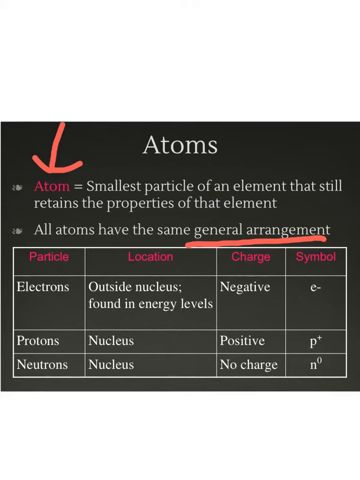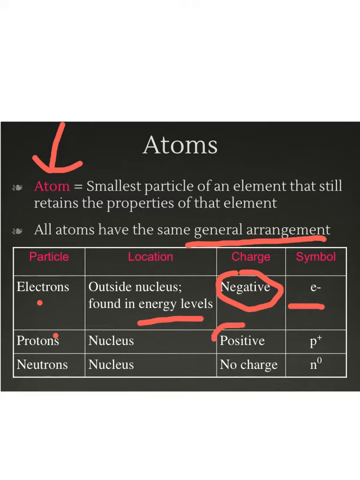So our first subatomic particle is an electron. And electrons are found on the outside portion of an atom, and I'll show you a picture in a minute. Those outside portions are called energy levels. Electrons are negatively charged, and they could be symbolized with a symbol E-. Protons are found in the center of the atom, and the center of the atom is called the nucleus, just like the center of the cell is sometimes called the nucleus.